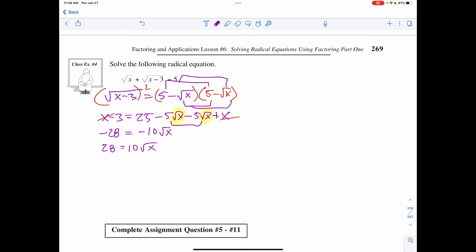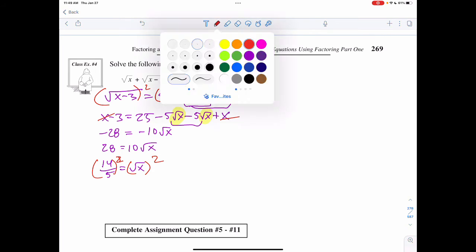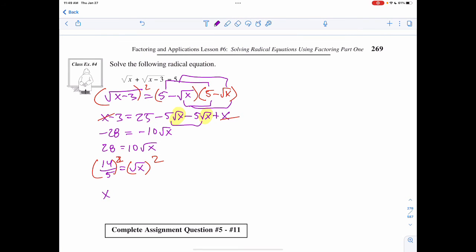I'm going to divide both sides by 10, which is going to give me a reduced fraction of 14 over 5 is equal to the square root of x. And then what am I going to do? I'm going to square both sides again, to get rid of the second radical. So x is going to be 196 over 25. Can't reduce that fraction.